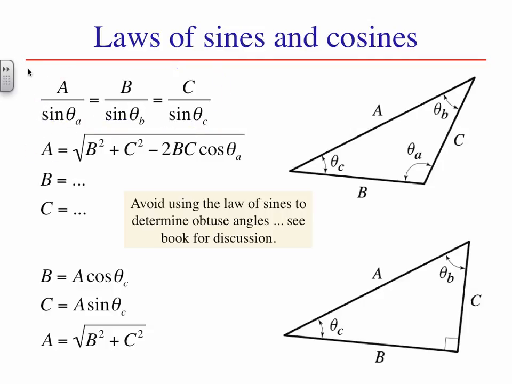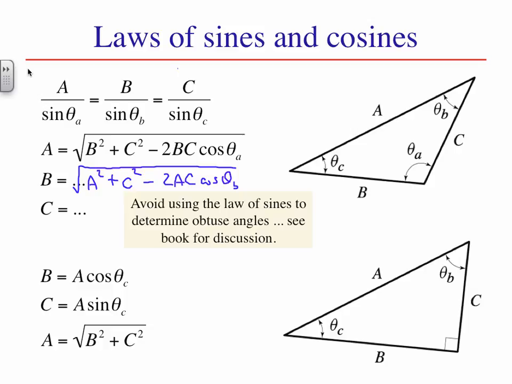We have written just one of the relationships involving the law of cosines, but we could fill in the other two if we wanted. If we knew lengths A and C, and we knew theta B, we could find the length of B from writing B squared equals A squared plus C squared minus 2AC cosine theta B.